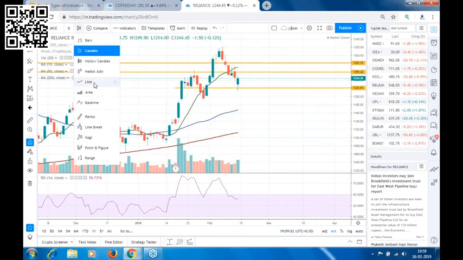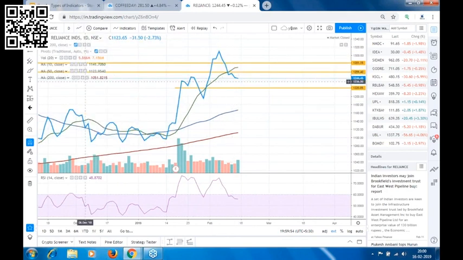and also if we look for a divergence, see the divergence that is there in the stock, see the high the stock is making, and see the low that your RSI is making.